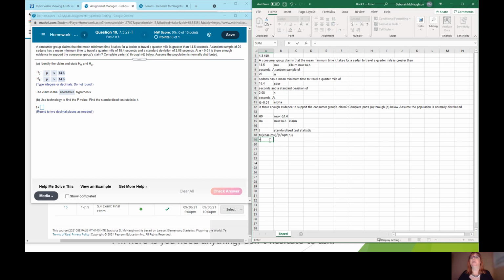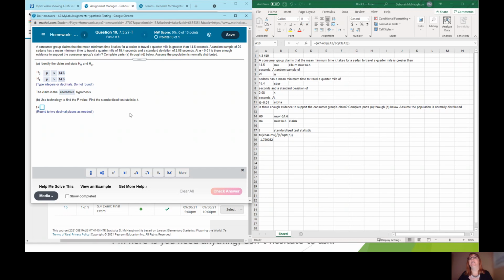So we go equal, parentheses, x bar, 15.4, minus mu, 14.6, divided by, use a parenthesis, s, divided by the square root of n. So again, this is our t, our standardized test statistic. And the one that you look up in the table, they usually call that one t naught.